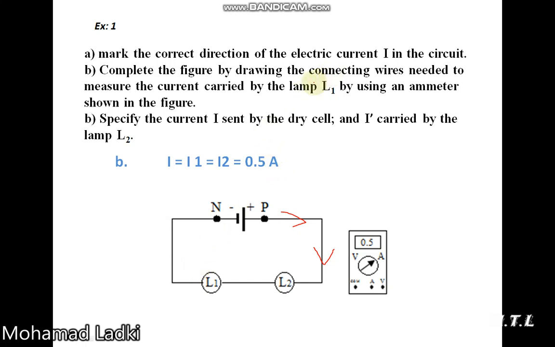Complete the figure by drawing the connecting wires needed to measure the current carried by the lamp L1 by using an ammeter shown in the figure. So this is an ammeter.